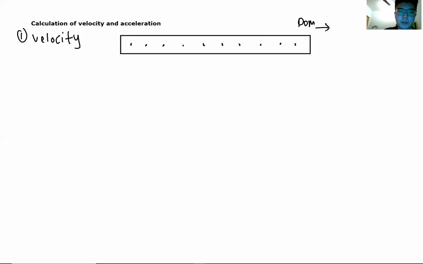Now, to find the velocity, first you find length. Let's say I have the length here from the first tick to the last tick. It is like 12 cm. Okay, from the first tick to the last tick, 12 cm. So from here, you can calculate v equals distance over t.